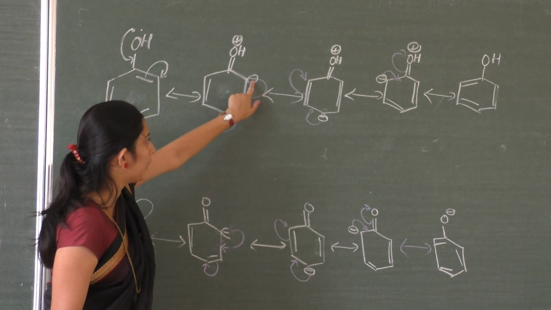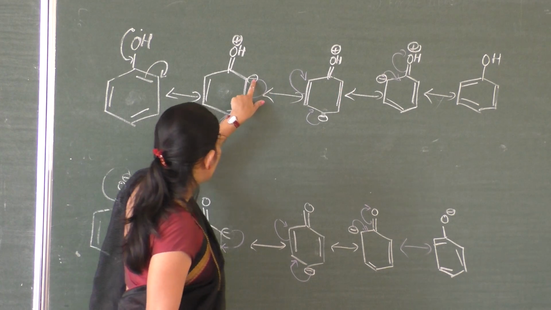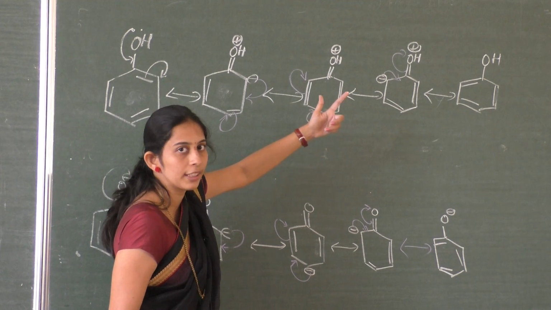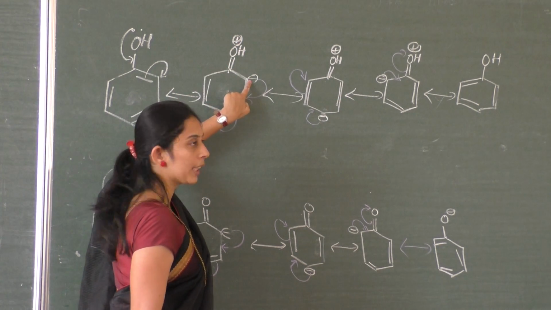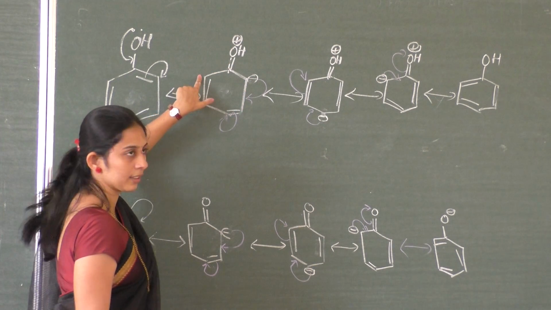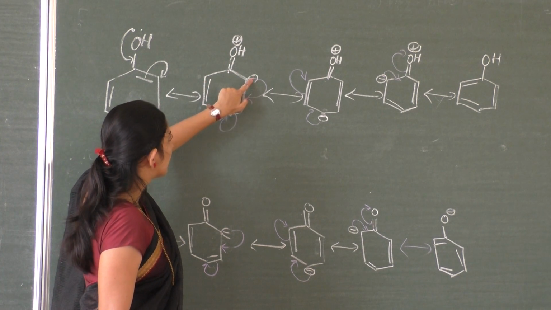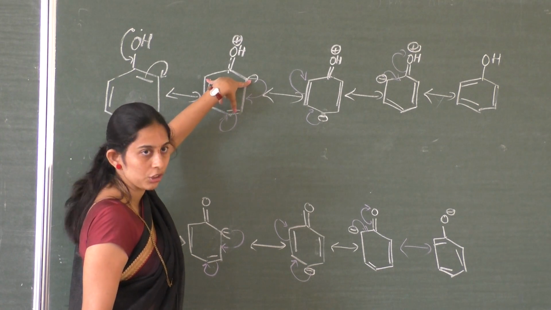This position, the second position, third position, and this position, the fourth position, which we call the para position. Second position compared to this one, first position, second, third, fourth, fifth, sixth. So there are six carbon atoms, and the second, fourth and sixth positions.